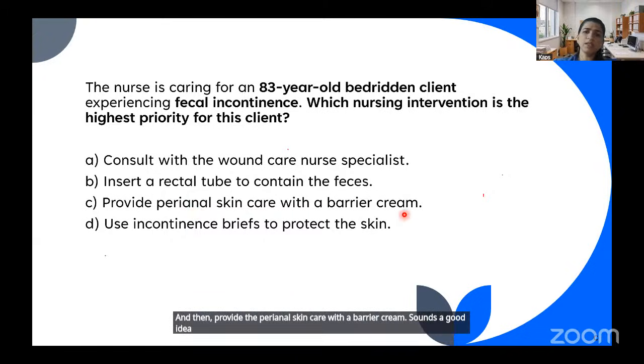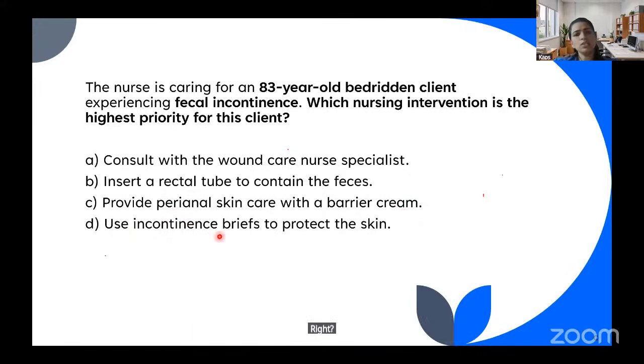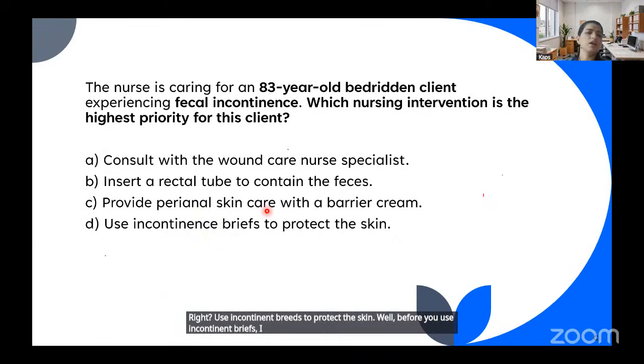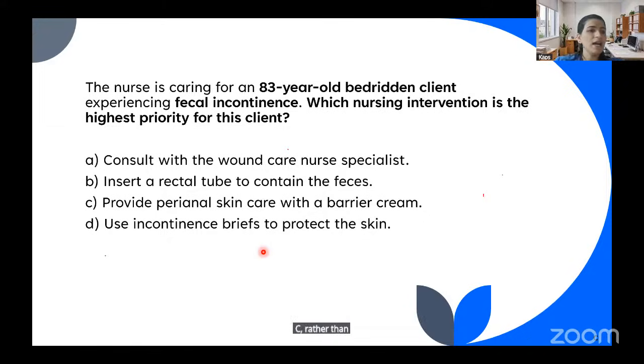So this is something I want to keep first on the top of the list. Use incontinence briefs to protect the skin? Well, before you use incontinence briefs, I think skin care comes first. This is more of a priority to look into before you go for anything else. So I'll go for the answer C, rather than A, B, and D.